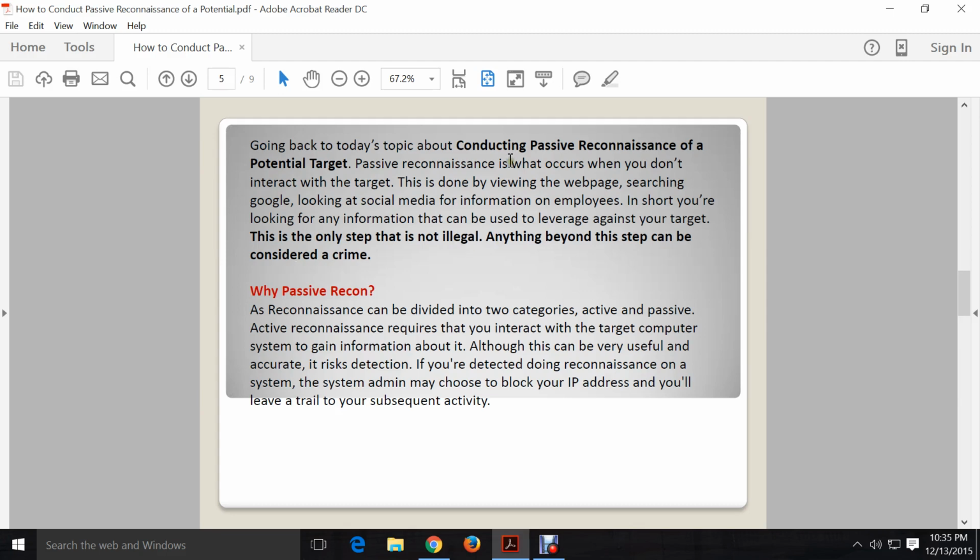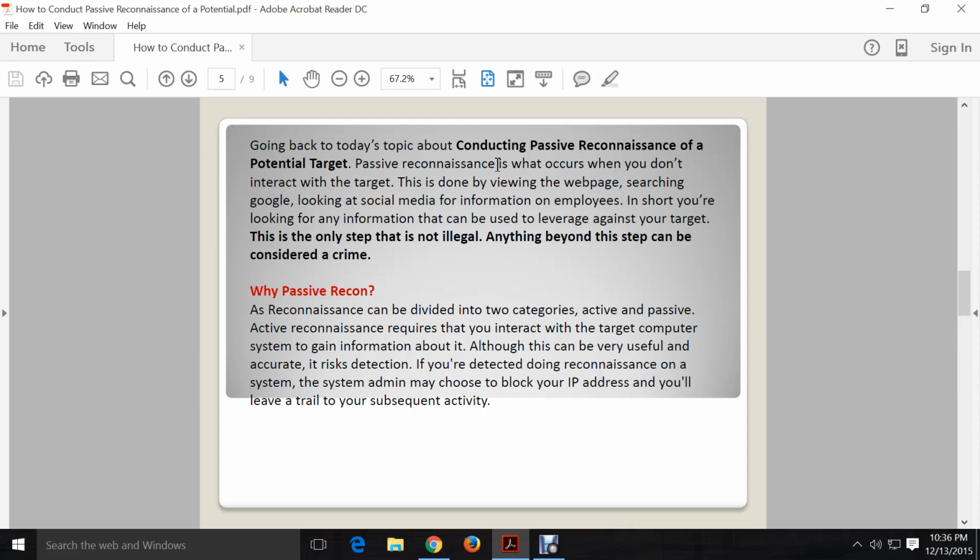Passive recon is what occurs when you don't interact with the target. This is done by viewing the web page, searching Google, and looking at social media for information on employees. In short, you are looking for any information that can be used to leverage against your target.